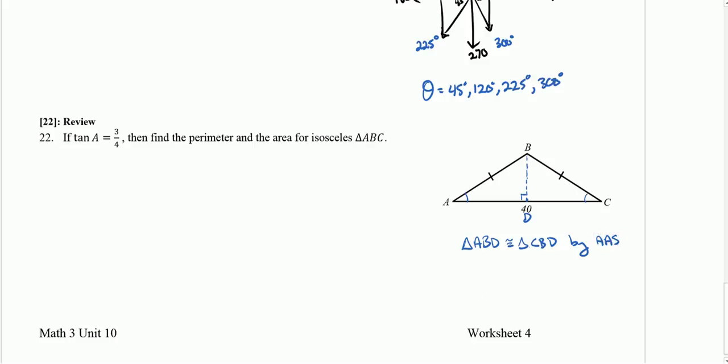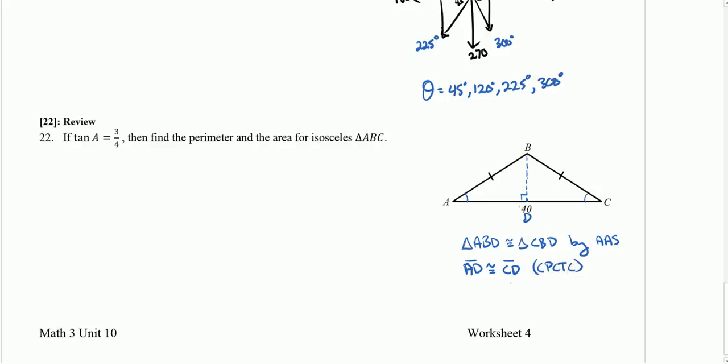Then we can get that AD is congruent to CD because corresponding parts of congruent triangles are congruent.